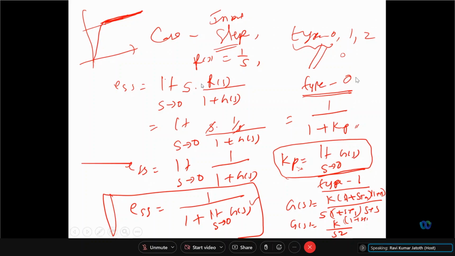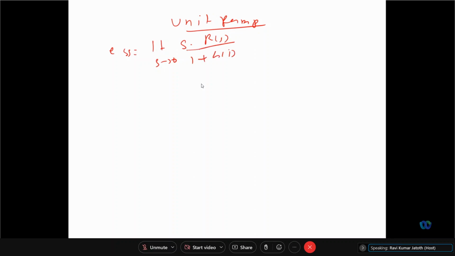Give me only 1 minute. Let us try to do it for unit ramp. Unit ramp means limit s tends to 0 of S R of s by 1 plus G of s. What is the value of R of s here? What is the expression for steady state error?